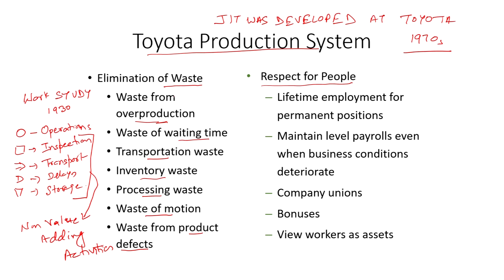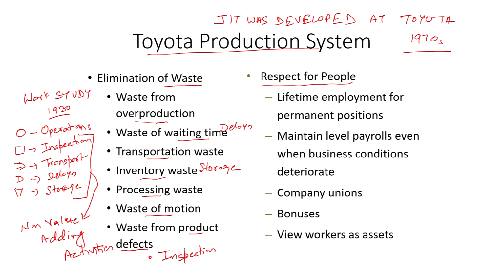So, in the waste definition also we are taking the same analogy which was developed in work study of 1930s, that any type of waiting time, this is nothing but delays, any kind of transportation, inventory, that is storage, processing waste, waste of motion, even inspection also is a waste. We have not written here. So, we can write another bullet, any type of inspection is a waste.